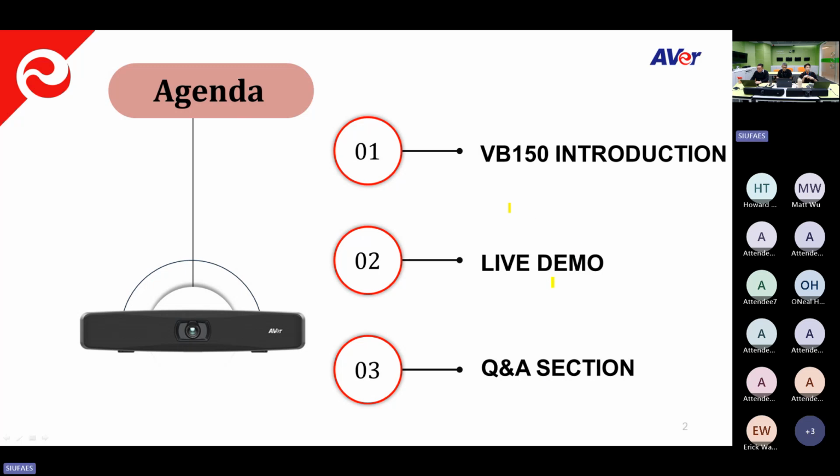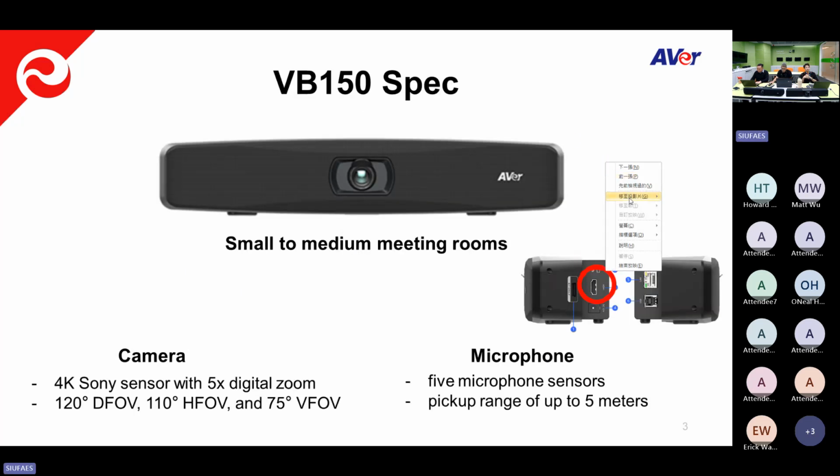Now, let me give you a quick overview of the VB150. VB150 is Aver's newest video bar, designed for the small to medium-sized meeting room. The camera features a 4K Sony sensor with infinite digital zoom, and the FOV is 120.